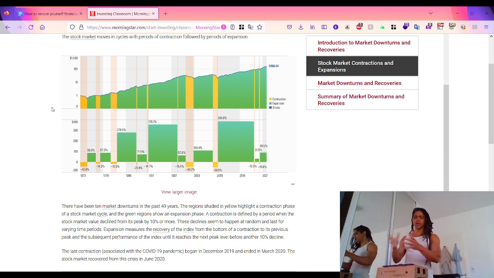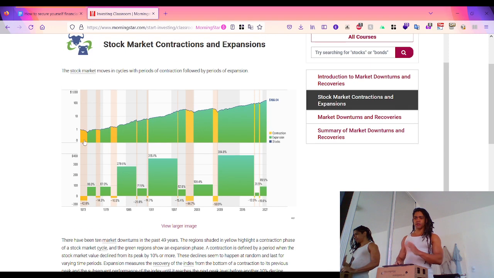So it is important that you understand that the stock market moves in cycles: periods of expansion, or the recovery of an index, or a period of contraction, which is a decline in the stock price of 10% or more. It is important to understand that these cycles may happen, so you can make better decisions based on this historical data.